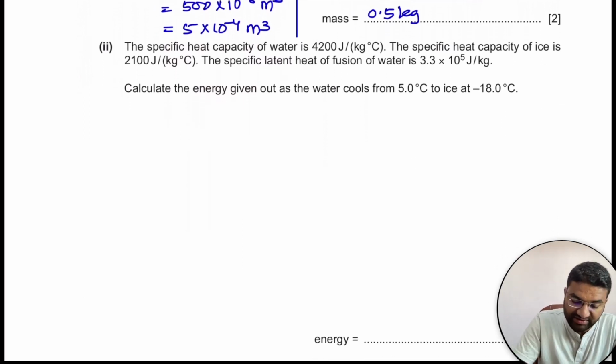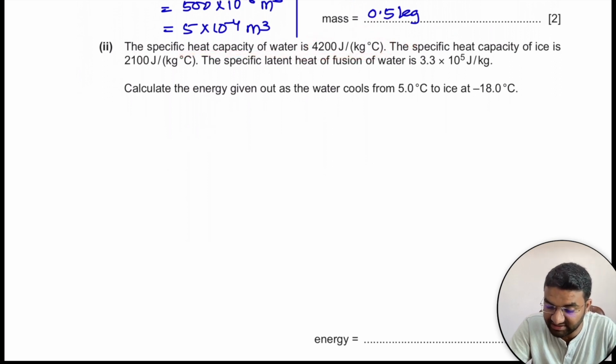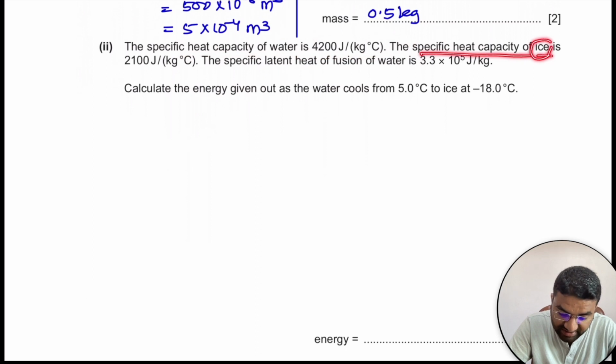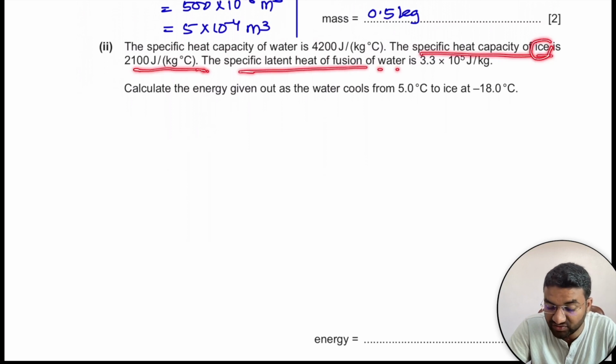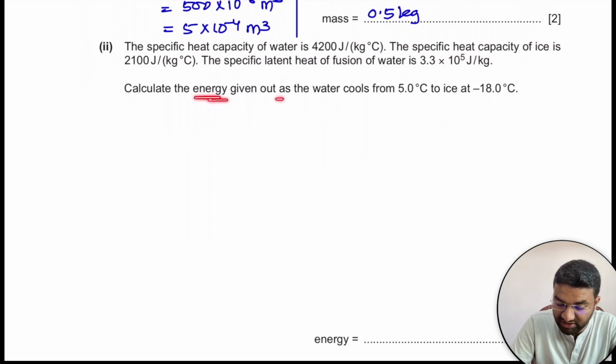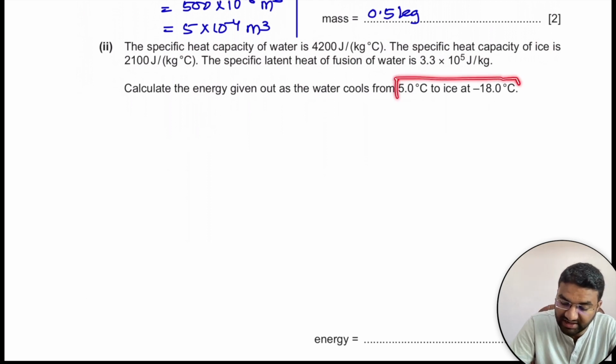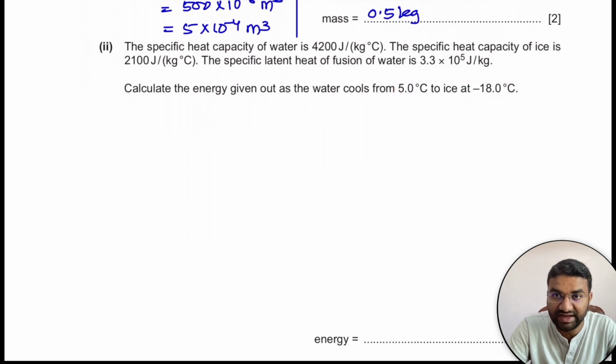Next, the specific heat capacity of water is 4200 joule per kg degree Celsius. The specific heat capacity of ice is 2100 joule per kg degree Celsius, and the specific latent heat of fusion of water is 3.3 times 10 to the power 5 joule per kg. Calculate the energy given out as water cools from 5 degrees Celsius to ice at negative 18 degrees Celsius. We have to understand the phases of water. Firstly we have Q1, the water cooling from 5 degrees Celsius to 0 degrees Celsius, where a certain amount of energy is given out. Then Q2 is water to ice conversion, which is the latent heat of fusion. Then the Q3 process is 0 degrees Celsius to negative 18 degrees Celsius.